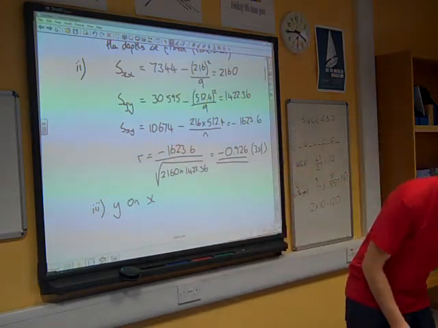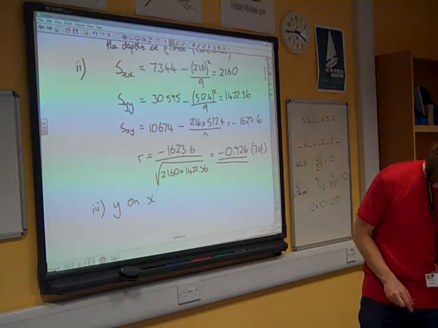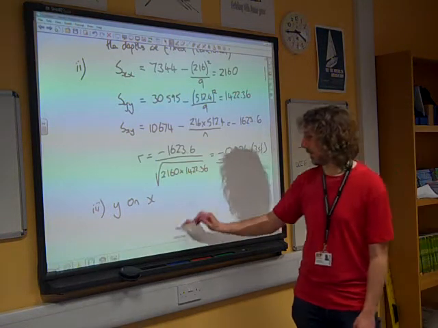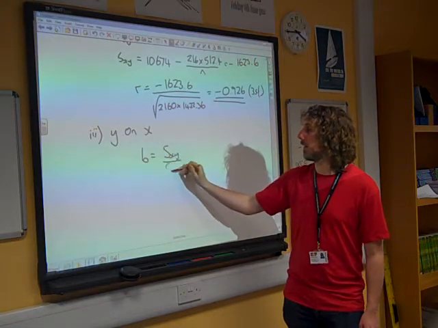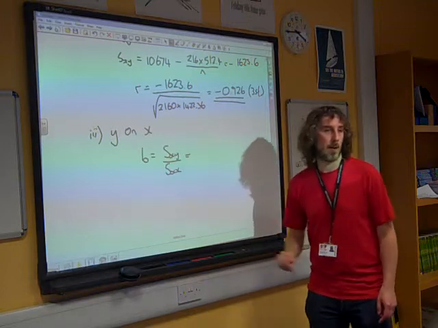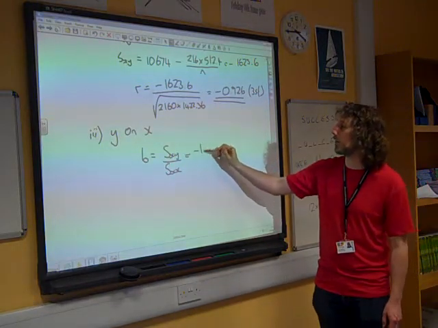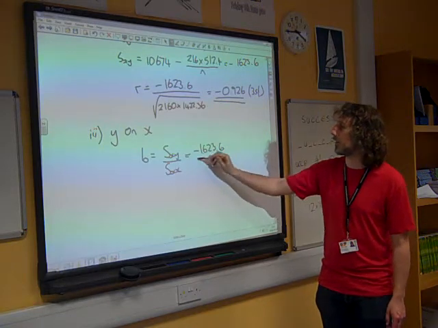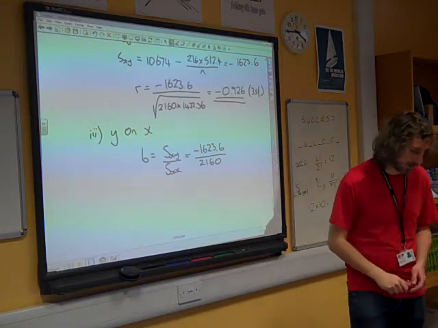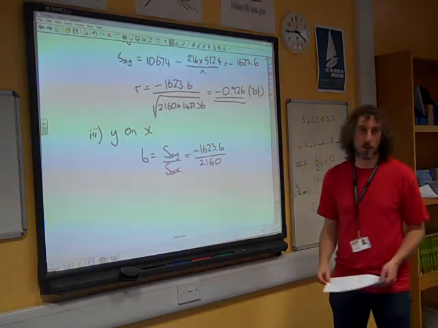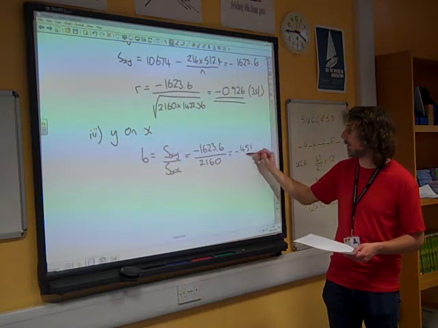Which is nice, because y on x is the one that's in the formula booklet, so everything is just going to go to plan. The formula booklet says b is Sxy over Sxx, and we worked out those numbers and kept them nicely labelled earlier, so that's minus 1623.6 divided by 2160. And I want to try and keep this as accurate as I can.